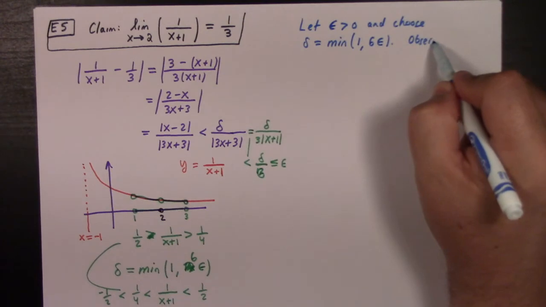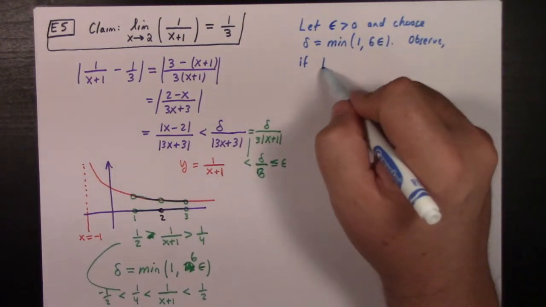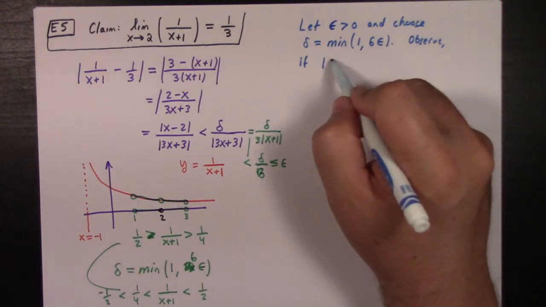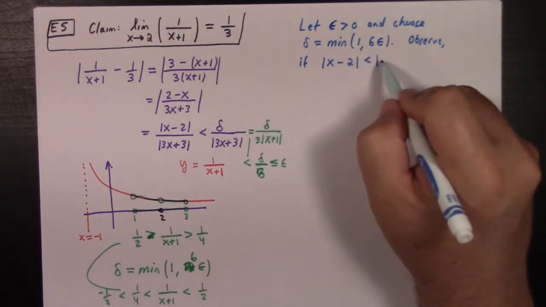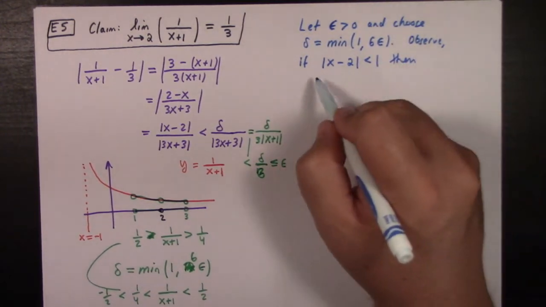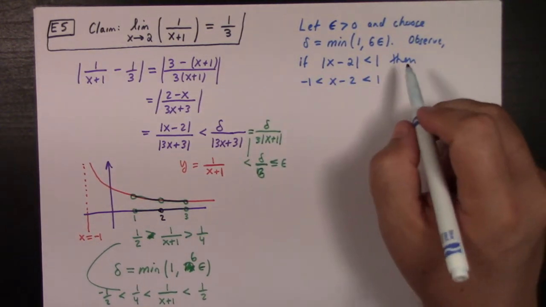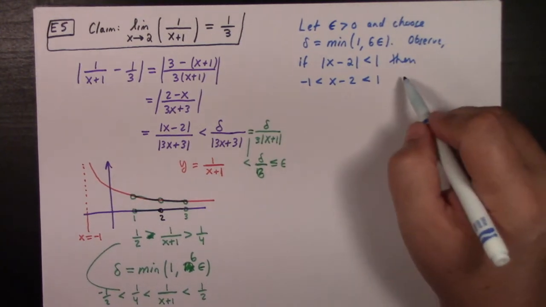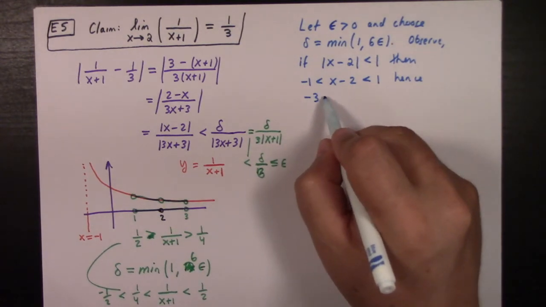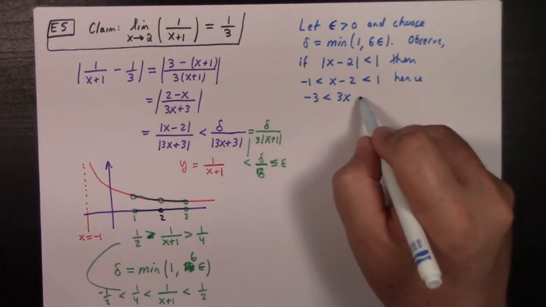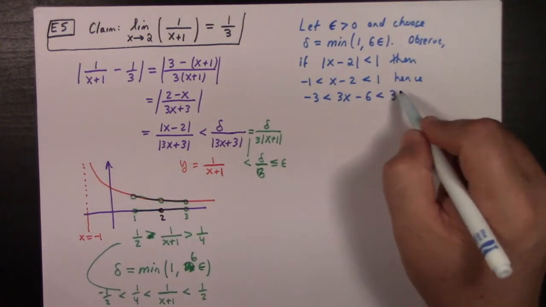Observe, if the absolute value of x minus 2, right, is less than 1, then we have minus 1 less than x minus 2 less than 1, and then hence minus 3 is less than 3x minus 6 is less than, I'm multiplying this by 3, less than 3.